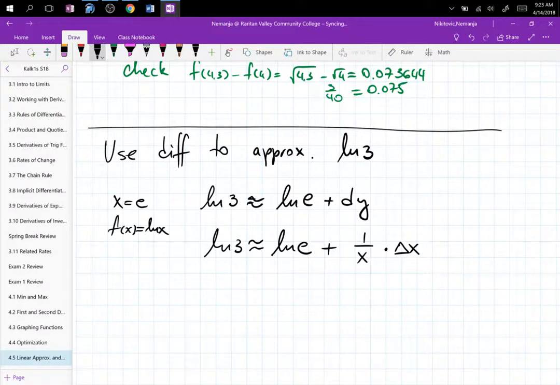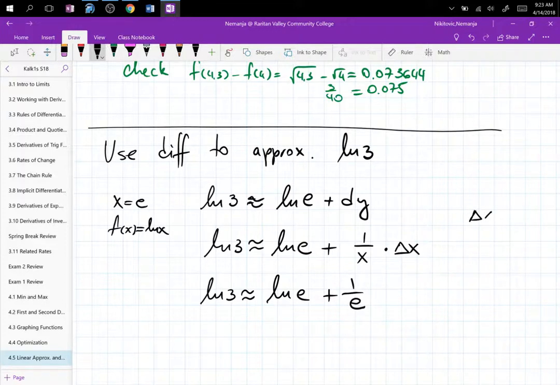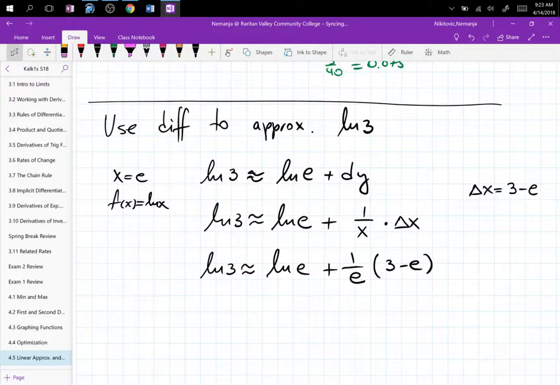So first of all, I know x is e, so I can plug that in. ln 3 is ln e plus 1 over e, and delta x is just the difference between 3 and e, so 3 minus e, right? That's the difference in x values. The one x value you want is 3, the other one that is easy to compute is e, so delta x is the difference of the two, so I can just put over here 3 minus e. All I need to do is to compute this.